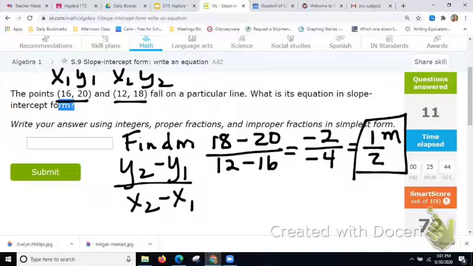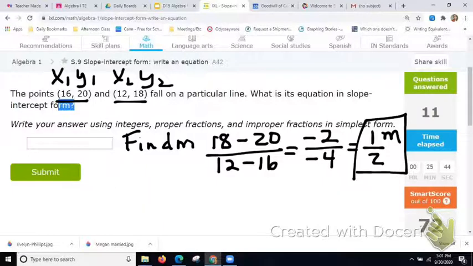Next, so I said find the slope, then find the b. So next I'm going to find the b. I'm going to erase a little bit of this so we have some space here. So if I find the b, to do that I'm doing y equals mx plus b. I'm choosing one of the points. Doesn't matter which one, I'll just go ahead and choose this first one.